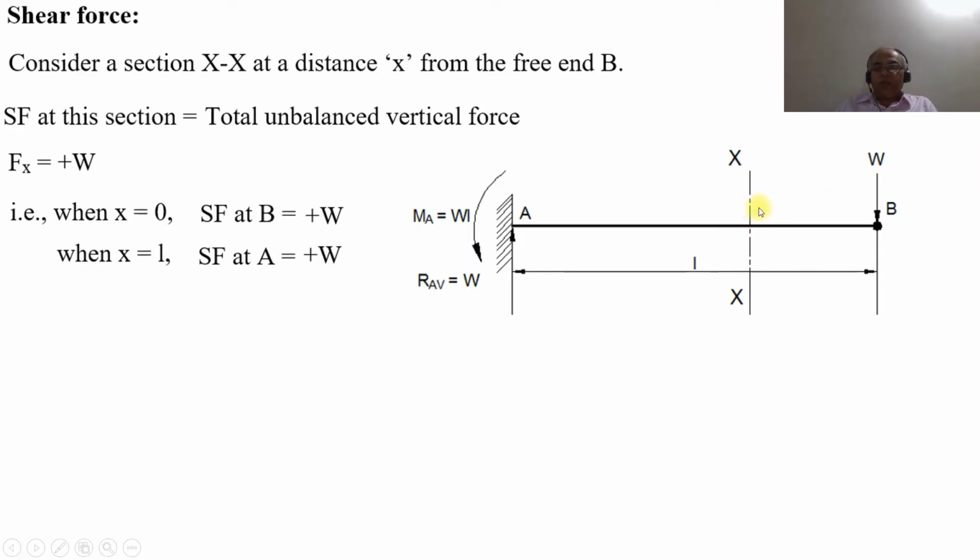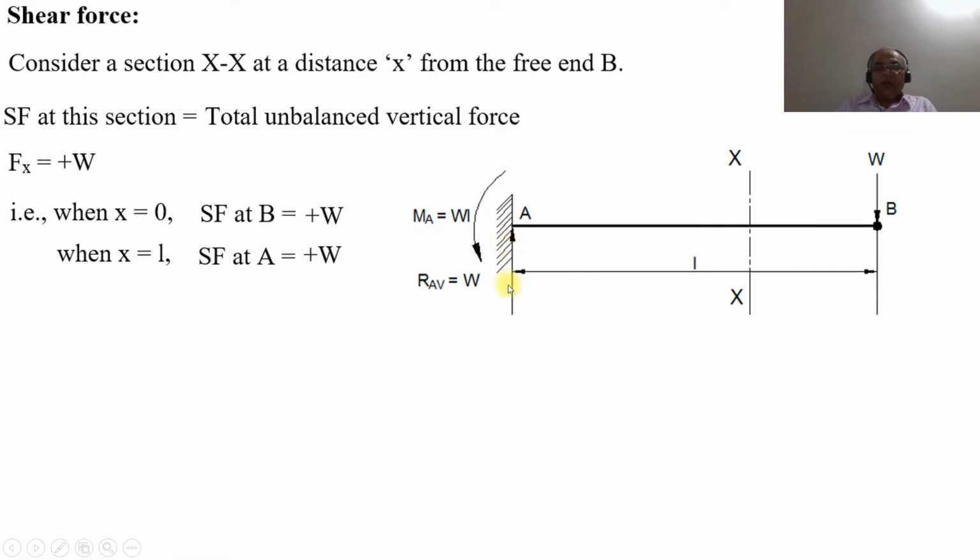Fx will be equal to plus W, because when taking the section to the left side, upward is positive. When x is equal to 0, SF at B will be equal to plus W. As there is no load acting between A and B, it remains constant.